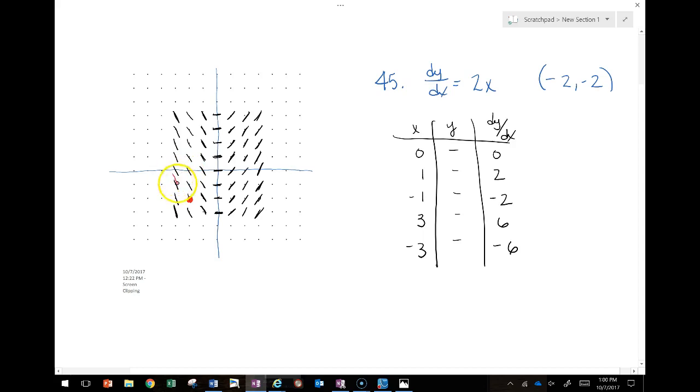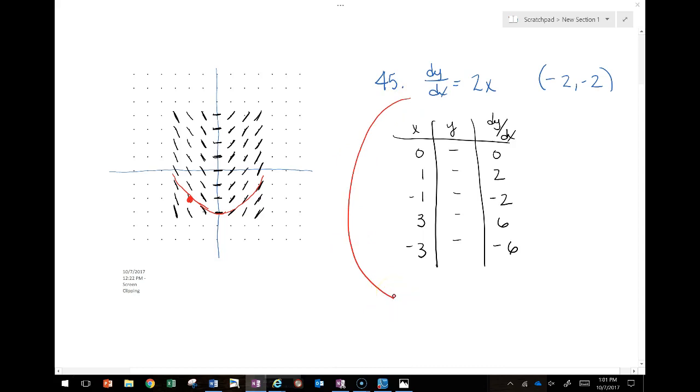So I'm going to come in here like this, maybe kind of come through here, and voila. That's what my solution looks like. You sort of use the slope to the left and to the right to guide you where to go left and right.